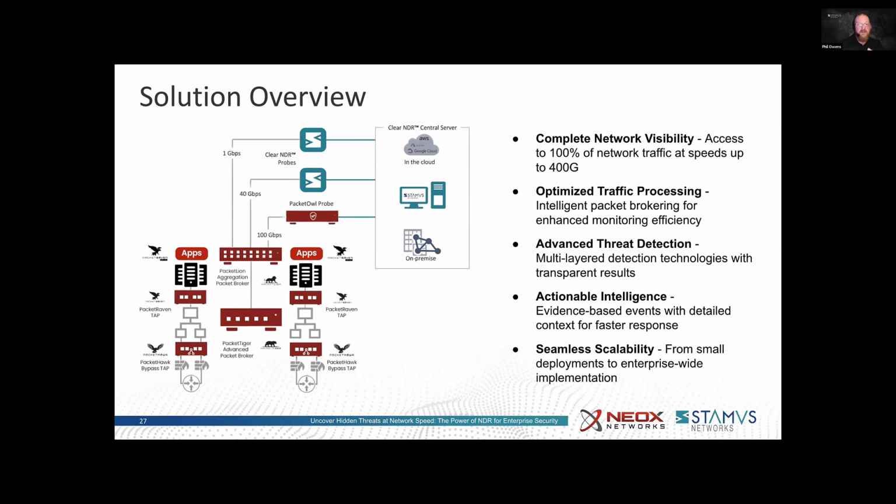Yeah, so then it goes into the Clear NDR parts of the infrastructure, where we're doing all of our processing. Something that hasn't really been mentioned is that there's a lot of processing that happens right on the probe. Getting to 100 gigabits per second for a single probe took a lot of effort and a lot of help from the NEOX guys to make that happen. So that's awesome.